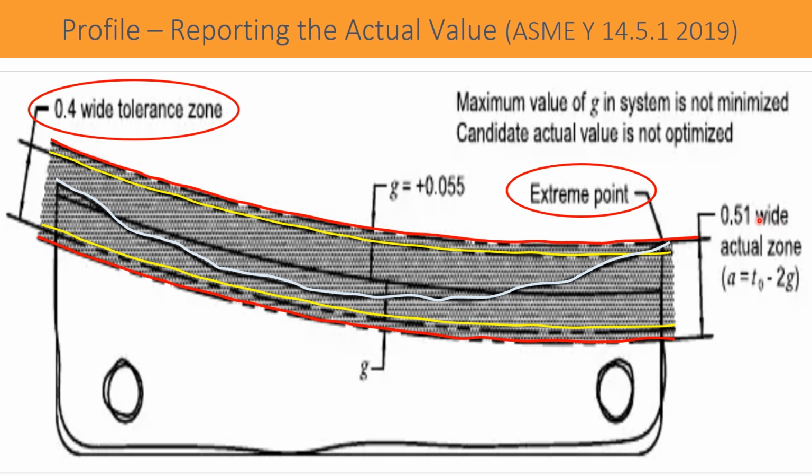So what is the conclusion here? The tolerance given is 0.4. Against that, the actual tolerance coming is 0.51 wide.